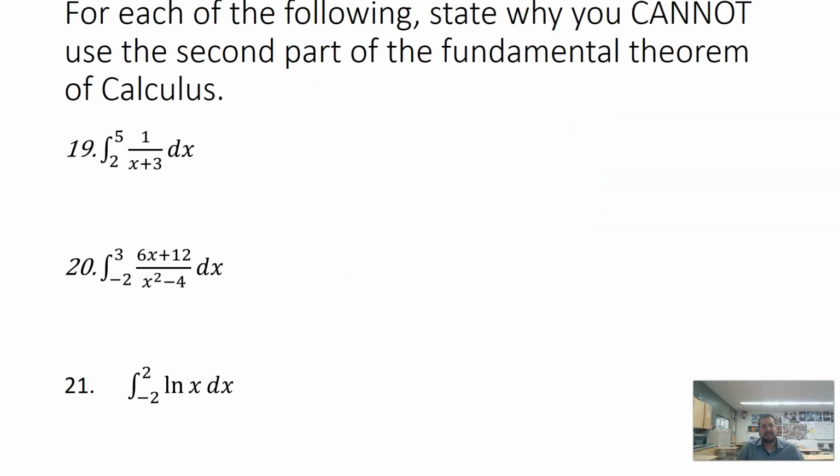Now on number 19, 20, and 21, what we're basically saying is, okay, look at the interval in question, and then the second part of the fundamental theorem of calculus does not work if the function is not continuous or differentiable, or honestly, if that function doesn't exist on the interval in question. So on the first one, I have a vertical asymptote at x equals -3.